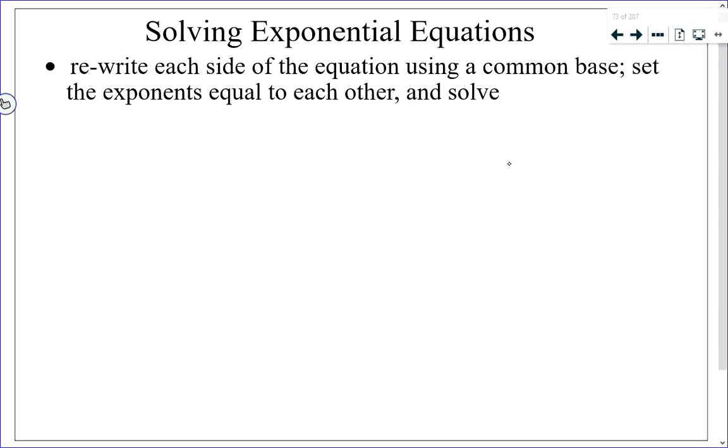When we first learned this, we had bases in the equations like 81 and 27, and it was possible to rewrite each part of the equation with base 3, for example. The basic idea here is that if you can simplify an exponential equation so that each side is the same base, and you simply have b to one thing equals b to another thing, then those two exponents are equal.